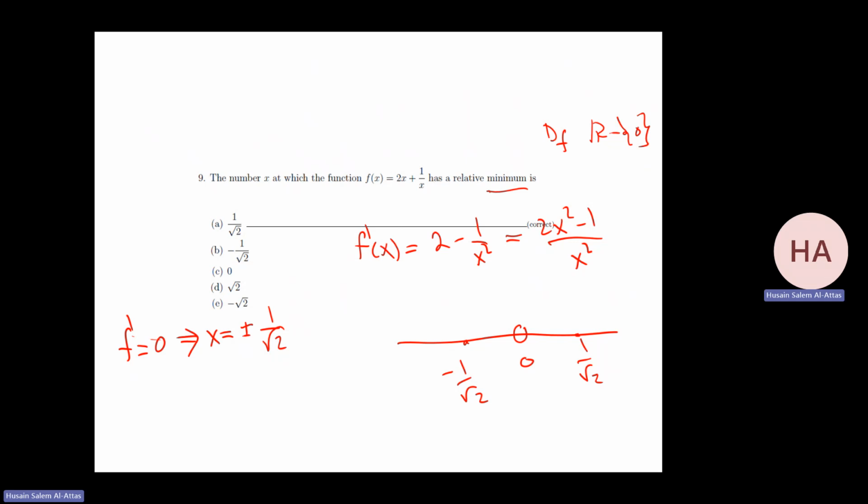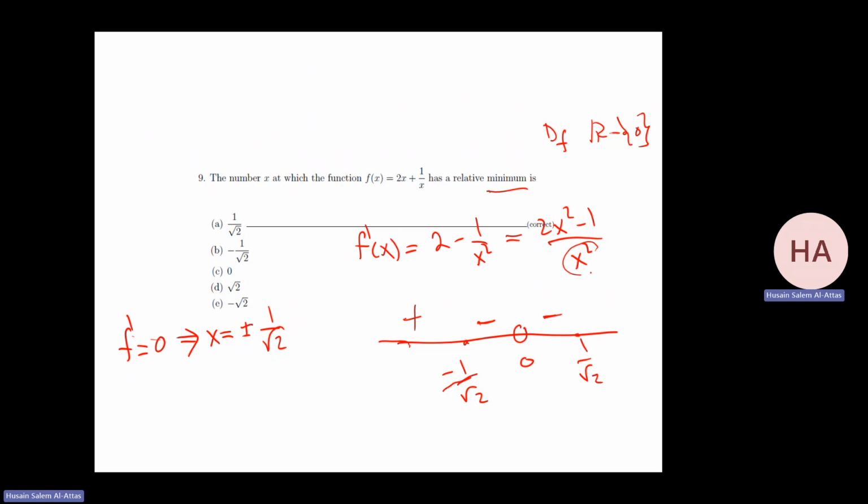Okay, take a value here, minus 2. That will be positive over positive. Minus 1 over root 2. I take, for example, minus half. It will be negative: 2 over 4 minus 1, that will be negative. And with the 0, the same thing. Take 1 over 2.